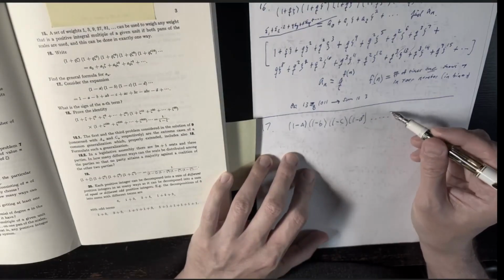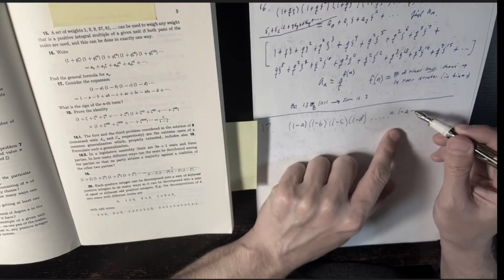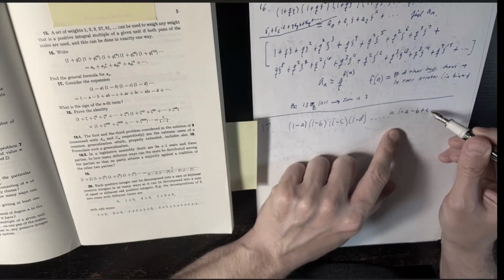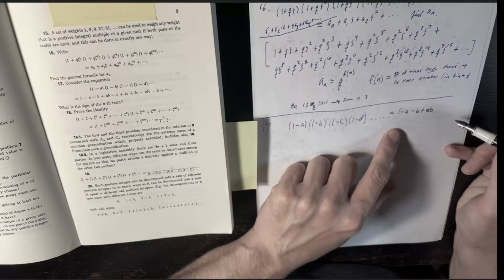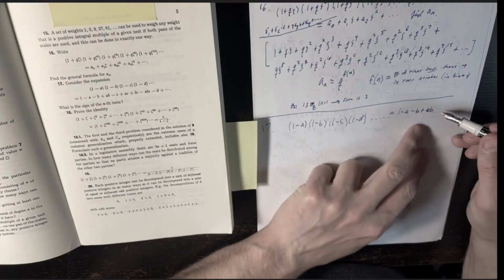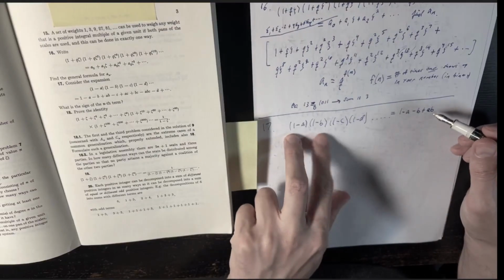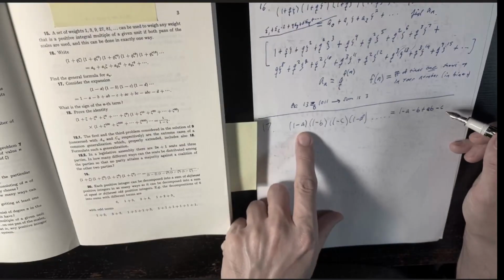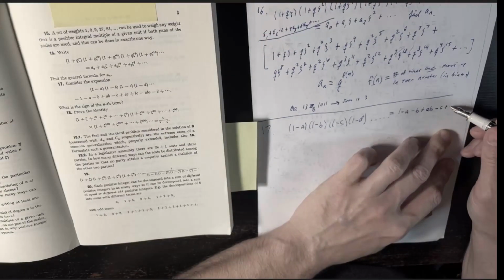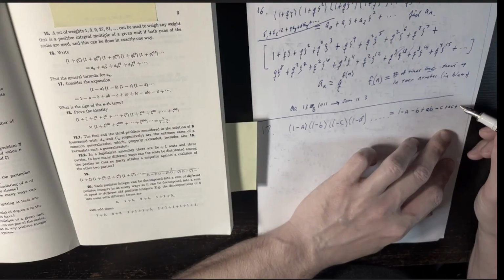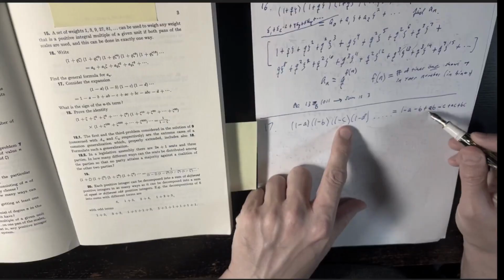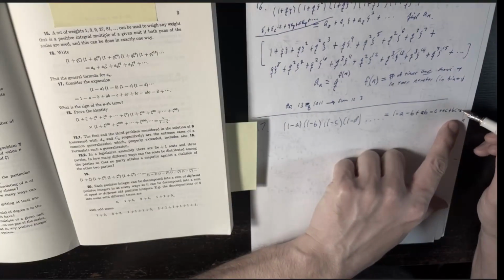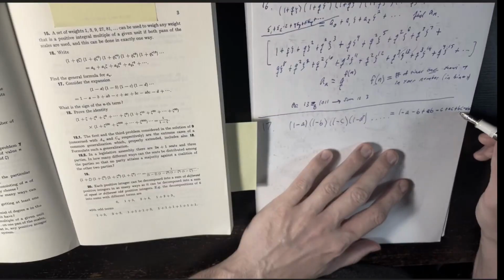And when you expand this, of course, you get 1 minus a minus b plus c, plus ab. So that's the first two, and then times minus c, you'd get minus c, and that's what I was saying, these alternate, like plus ac, plus bc, minus abc.